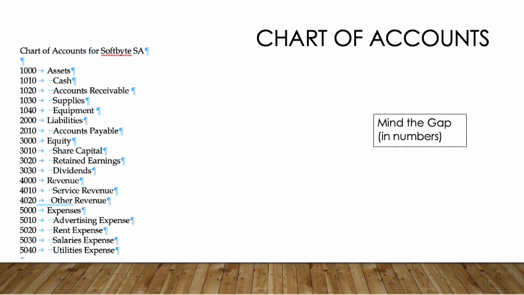You can see here that all asset accounts, cash, accounts receivable, supplies, equipment, they all start with the number 1,000. Cash, 1,010, all the way down to equipment, 1,040. There are gaps between the numbers, and I've done that on purpose because it is allowable to expand.